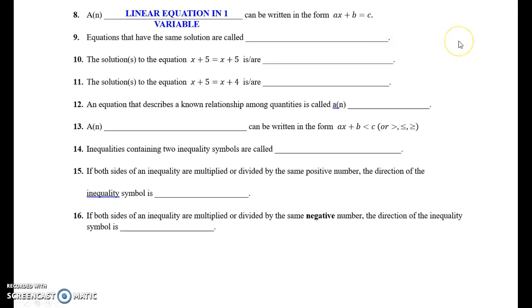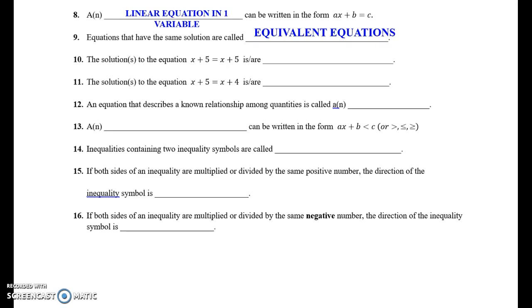Number 9, equations that have the same solution are called equivalent equations. Number 10, the solution of the equation x plus 5 equals x plus 5 is what? Now, if you subtract 5 from both sides, you get x equals x.